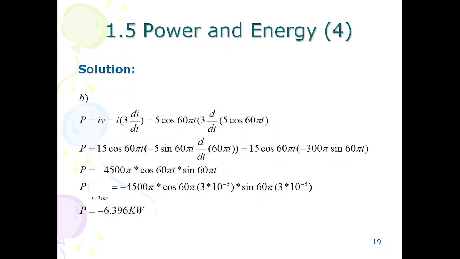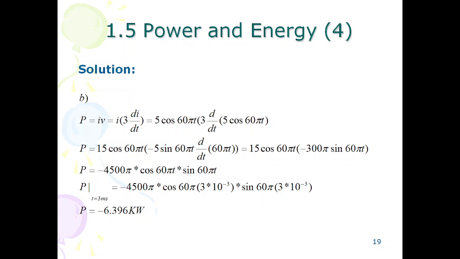Now we find the derivative of 5 cos 60 pi t. The derivative of cos is minus sine, then the derivative of the angle, which is 60 pi t. Then we have to solve. The answer is minus 4500 pi cos 60 pi t times sin 60 pi t.